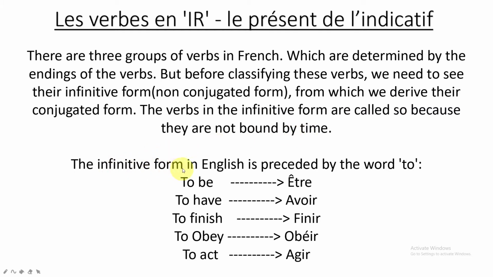The infinitive form in English is preceded by the word to. Examples: to be, être, to have, avoir, to finish, finir, to obey, obéir, to act, agir.